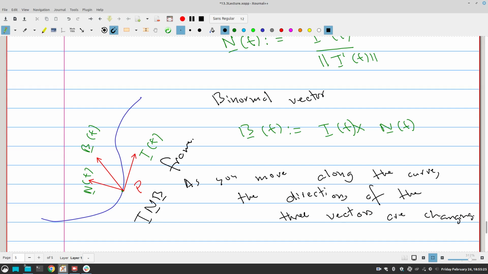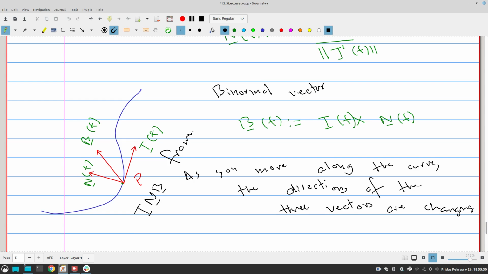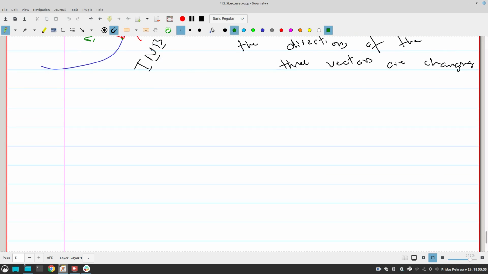Right. So for example, if we start with r of t, this curve r of t, let's call this cosine t i, sine t j, and t k, right? So the derivative of r will of course be negative sine t i plus cosine t j plus k.